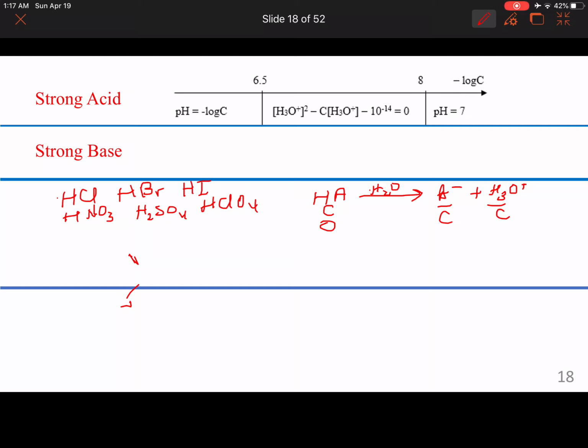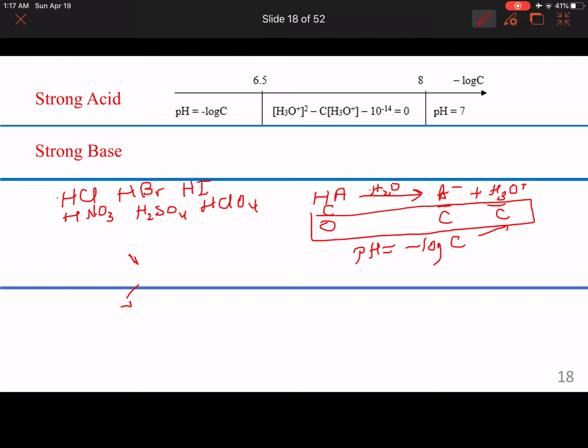And so here is a conservation, if you will, of the mass. So all of the HA is converted to these 2 species, and thus my pH is governed by the H3O plus. So pH is minus log of H3O plus, which is minus log of C, since the H3O plus is C. Now, guys, this is all I need.